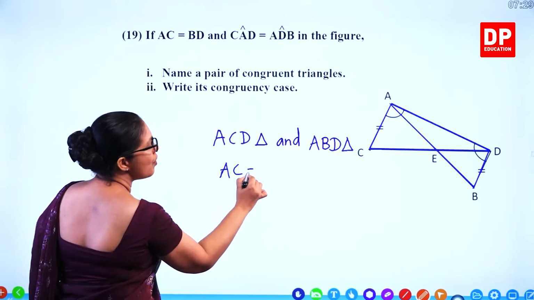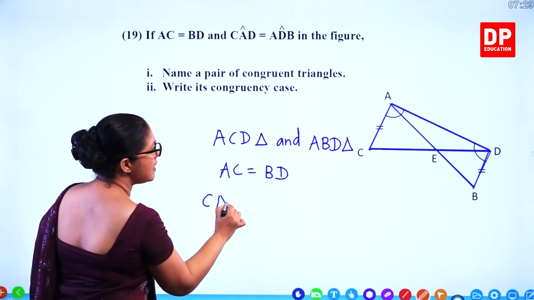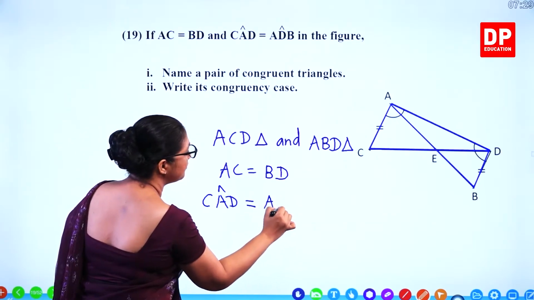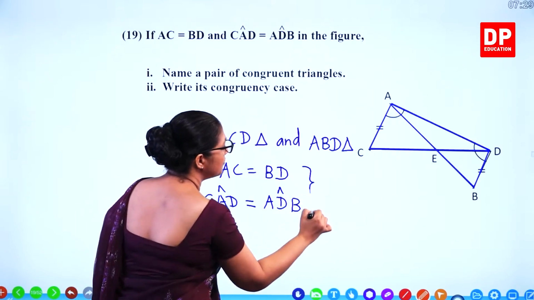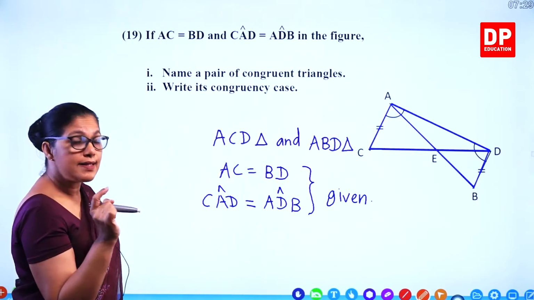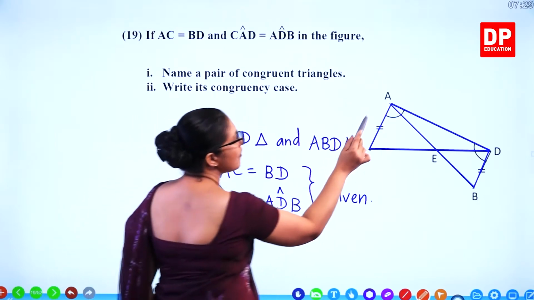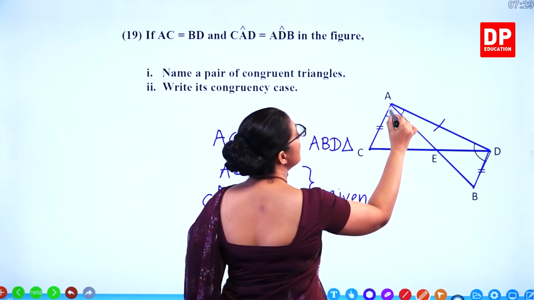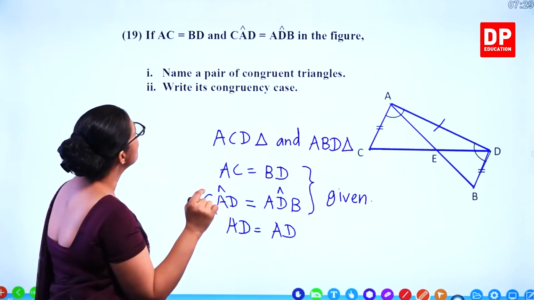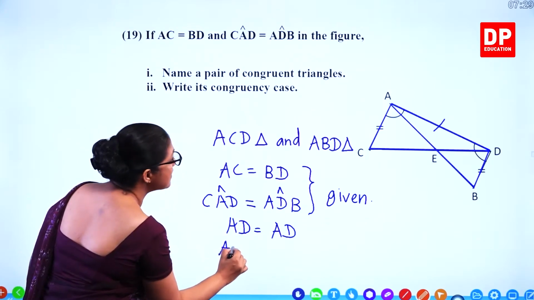AC is equal to BD, that's given. And it's also given that angle CAD is equal to angle ADB. Now we can see AD length is common, AD is equal to AD. So two sides and the included angle. That's how we can say these two triangles are congruent because of SAS.